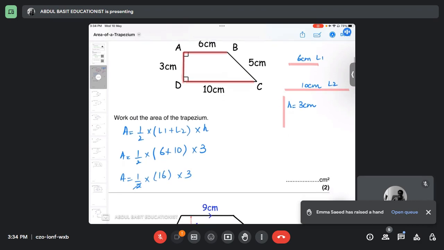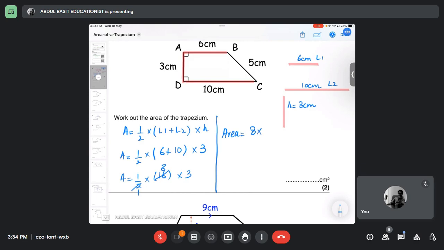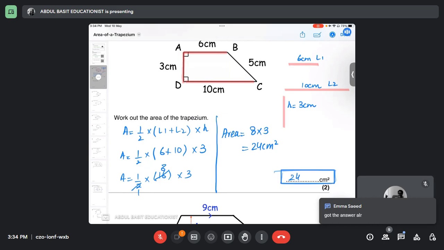I can do some cutting. 2 ones are 2, 2 eights are 16. So area is equals to 8 times 3 which is 24 centimeters square. Okay, so that is 24 centimeters squared. You can get this question for 2 marks in the examination.